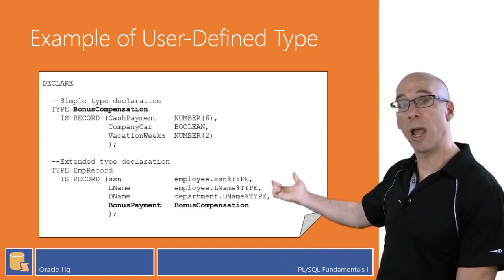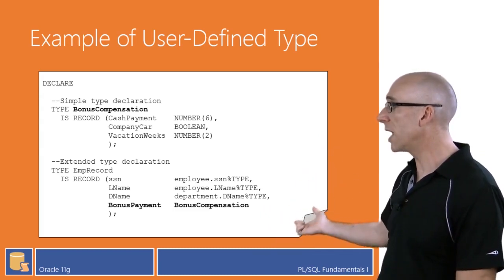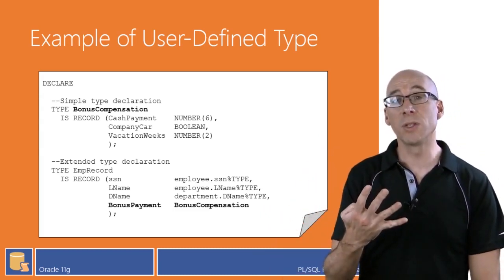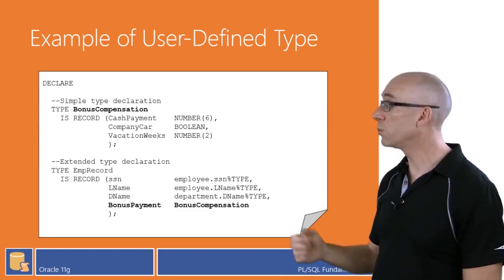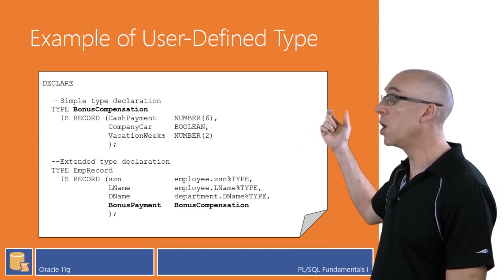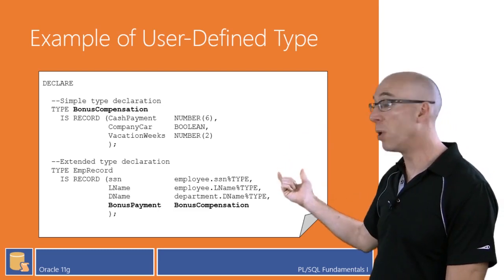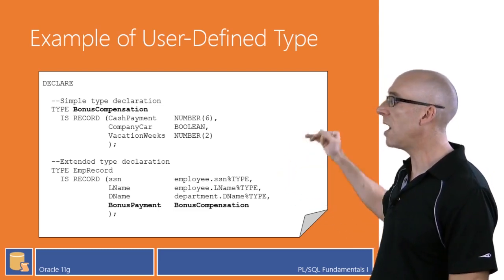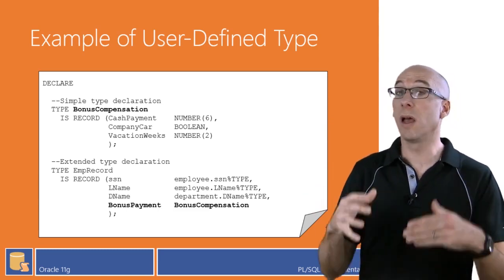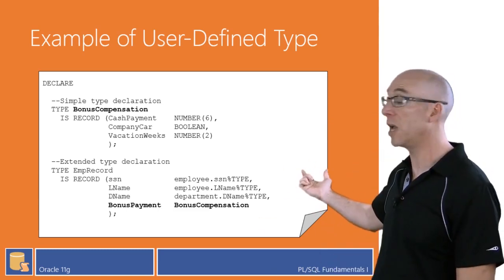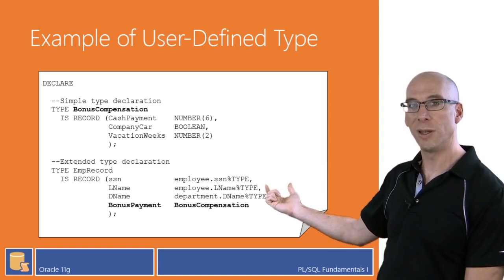Inside of the employee record down here, it looks like we only have 4 fields when in fact we have 6. Because we have the social security number, we have the last name, we have the department name, and then we have cash payment, company car, and vacation weeks, because that's what is stored inside of the bonus compensation.